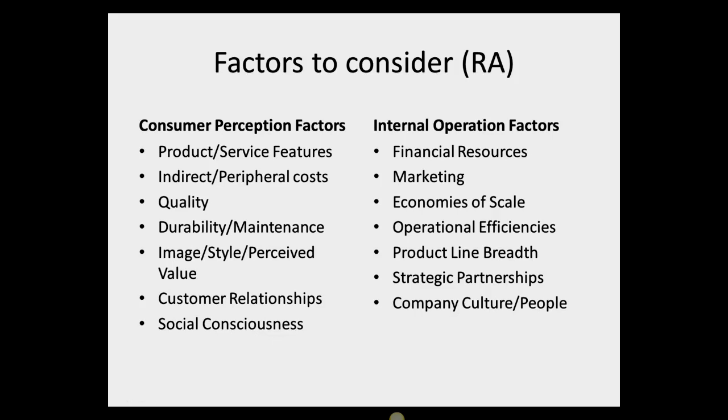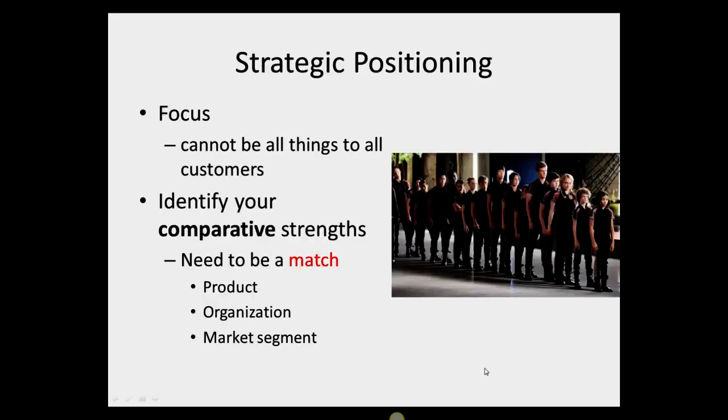So for example, if you're making a table or a figure, those could be columns. Those are ideas for different types of columns that you could compare with competition. And then these internal factors, financial resources, economies of scale, strategic partnerships, company culture, those could be other factors that you could use to differentiate yourself.